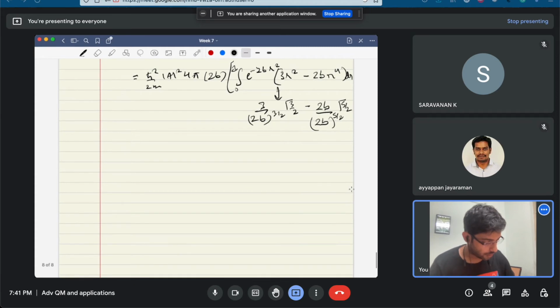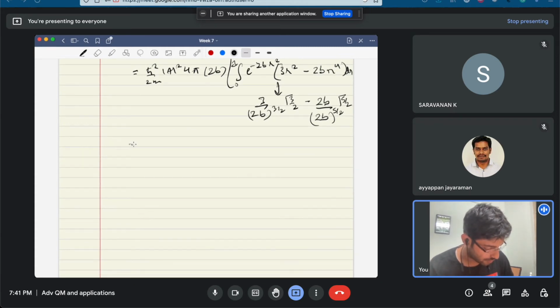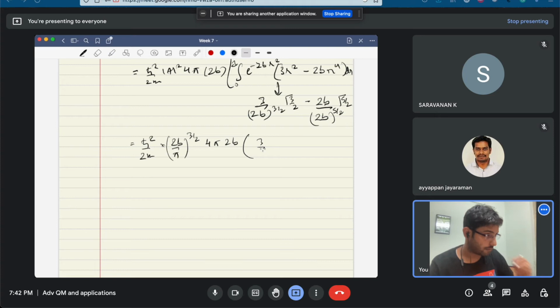So you can do the algebraic calculations, and we ultimately end up getting by 2m 2b by pi 3 by 2 4 pi 2b, and let's just write down the simplified part, which is 3 by 8b we get.